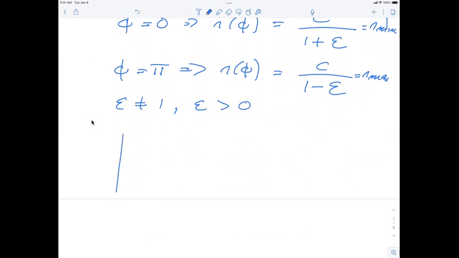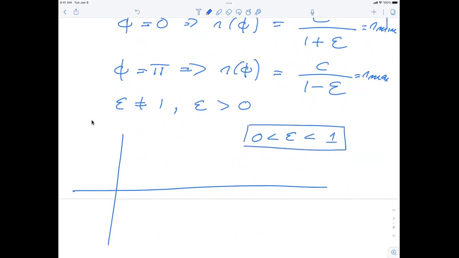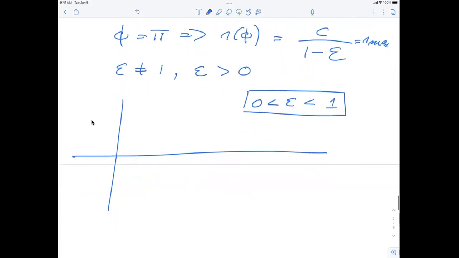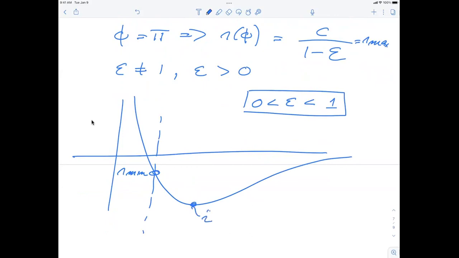So if I look at my plot now, we are going to see that this epsilon is going to be smaller than 1, and this is something which we are going to derive later. But this means that when we look at the potential, we are going to have an R min here. This is this one. Here at the bottom, we know that this corresponds to a circle. So we have the second derivative equal to 0, and we have this epsilon equal to 0. And then we have an R max here.